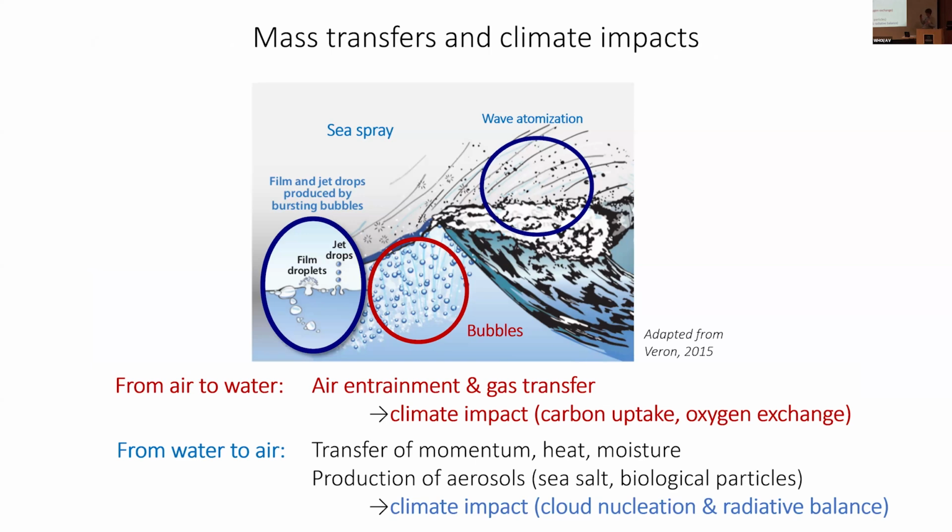And so the way I've been looking at this is really trying to understand the physics of the processes, trying to quantify how the waves break, how much air they entrain, and how the bubbles interact with the underwater flow. So that's the general picture. And the question I'm going to be asking is how we can model these processes and what we should take into account to better represent the fluxes between the ocean and the atmosphere.